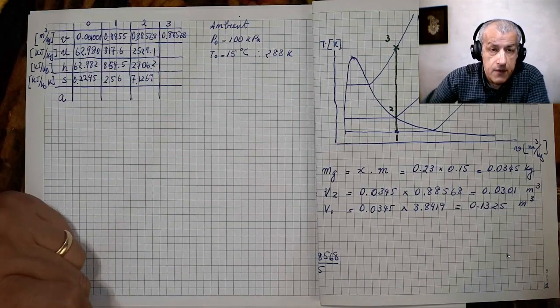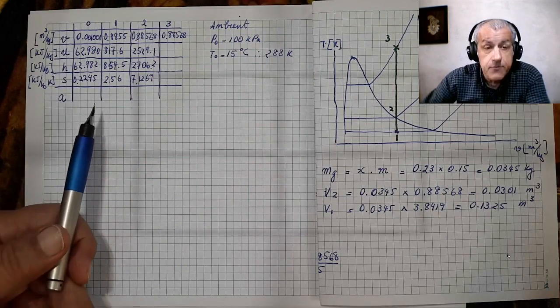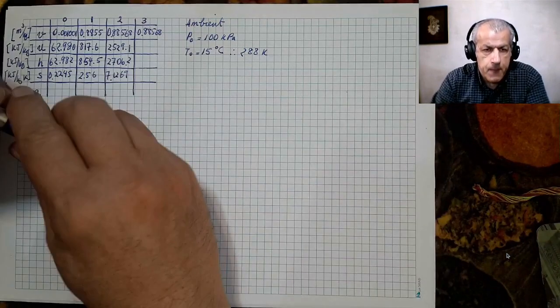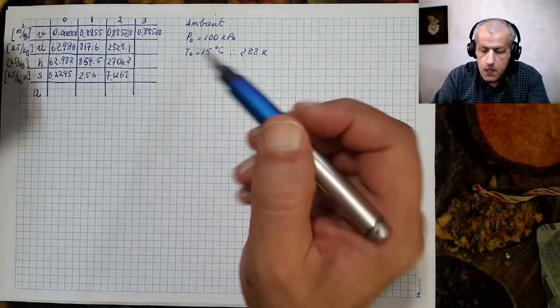Now we have all these values, and we can calculate the last property that we need, which is availability. What is availability?